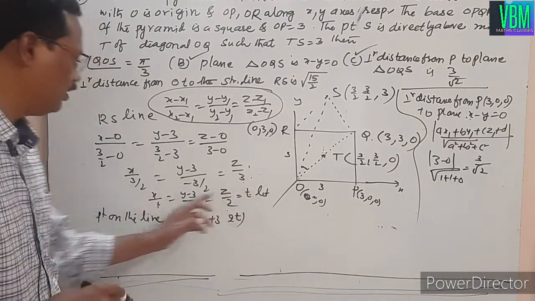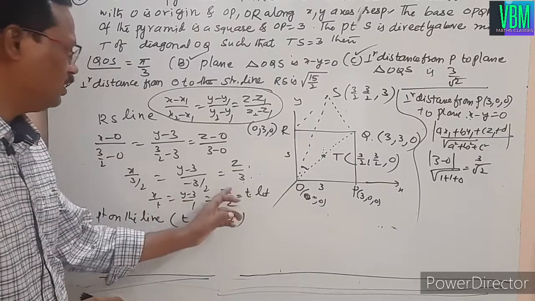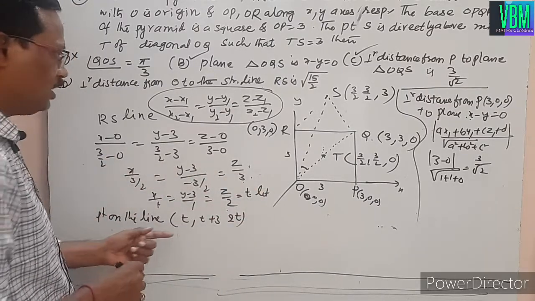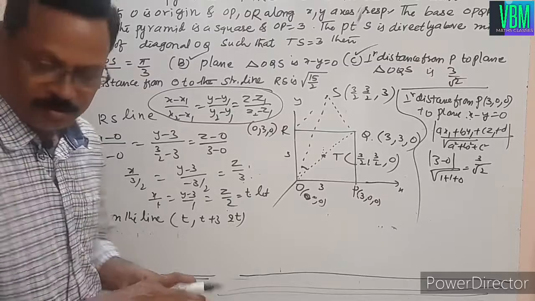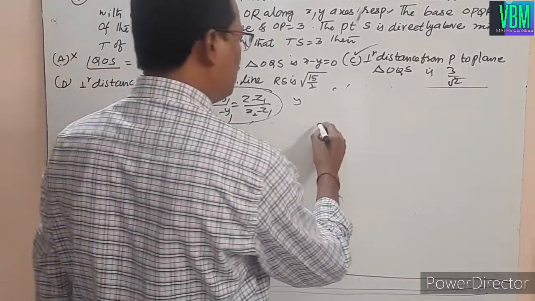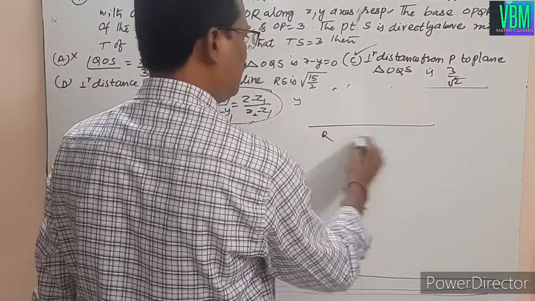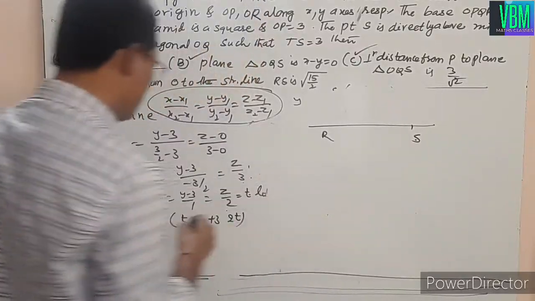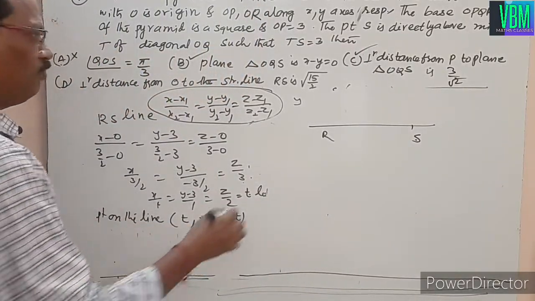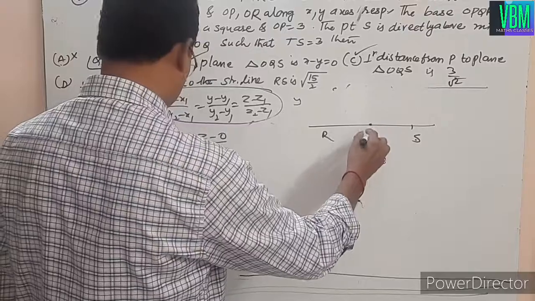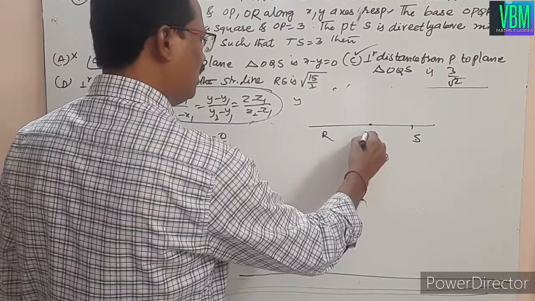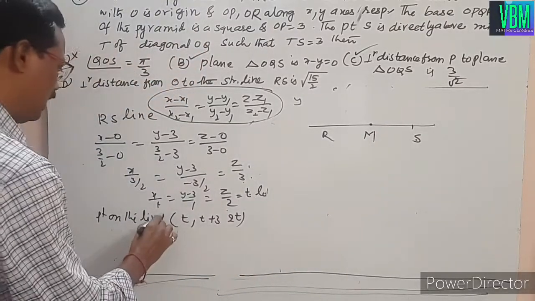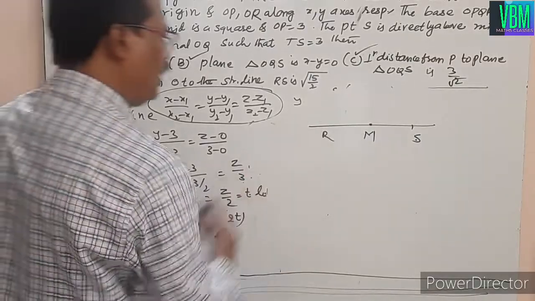Therefore, this is the RS line, right? And let us consider M as a point on the line.